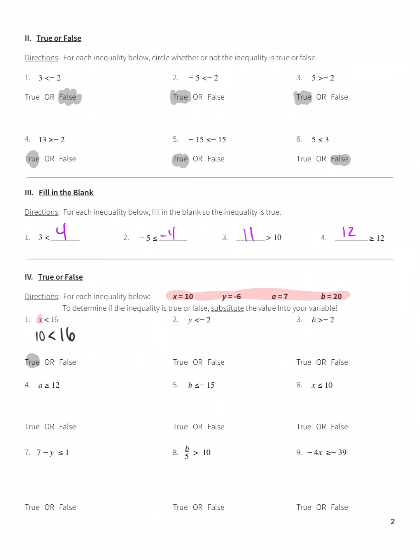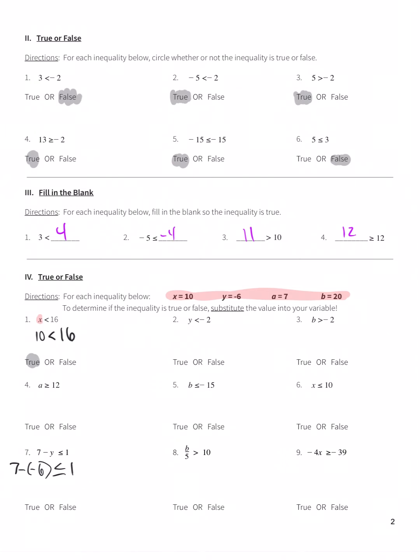All right, next, if we look down at these ones over here, you have to plug the variable into the inequality. So for example, this one is 7 minus y. Well, we can see y is equal to -6. So I would write this as 7 minus -6 is less than or equal to 1.